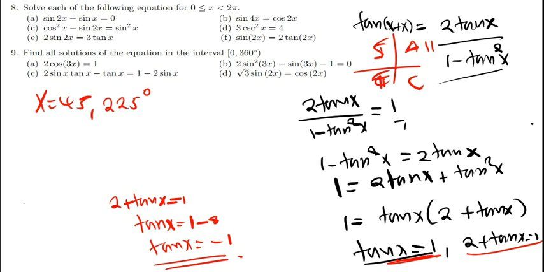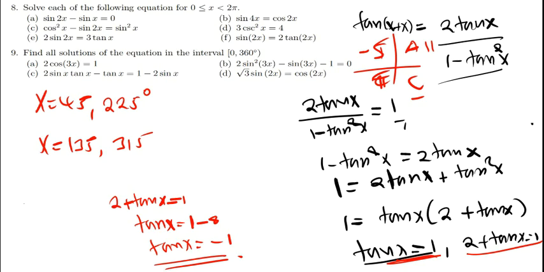Where tan is negative, it is here and there, but the angle is 45. So for the one in the second quadrant, I'll say 180 minus 45, which is what? 135. Another one is going to be 360 minus 45, 315.